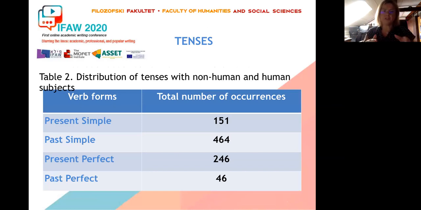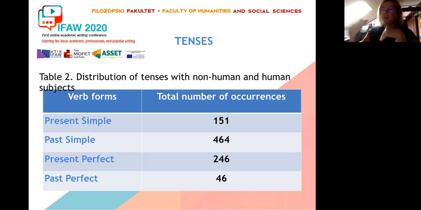Now, when we observe the distribution of tenses, which includes in this case both non-human and human subjects, it's obvious that the grammatical context for the claims that are presented in research papers is also quite important. In this distribution of tenses, it's obvious that the verb forms in past simple are most frequent, where we have, of course, the clear representation of past research, and then we have the high frequency of present perfect structures.